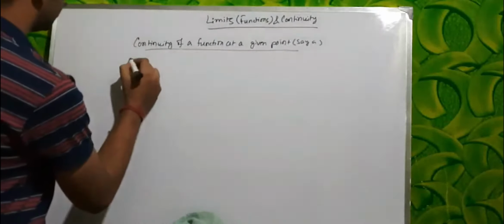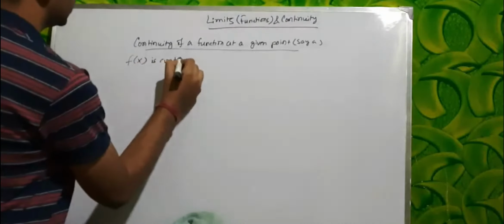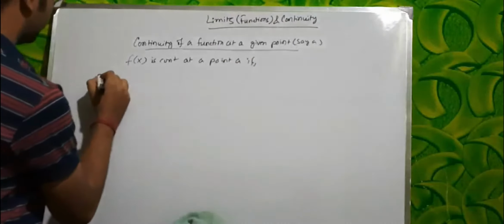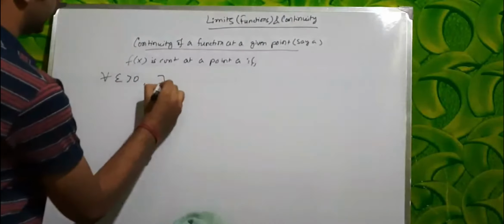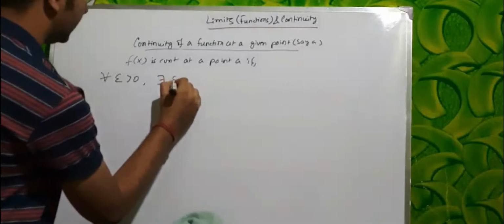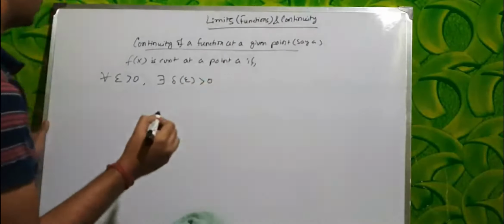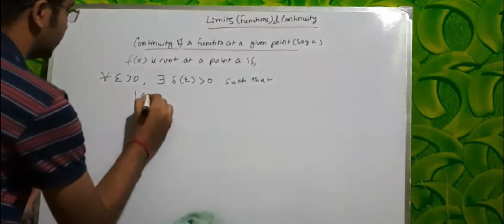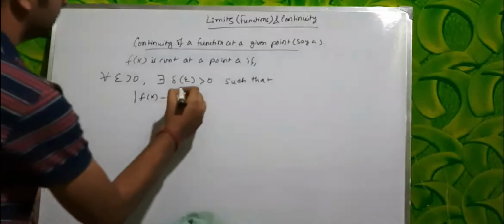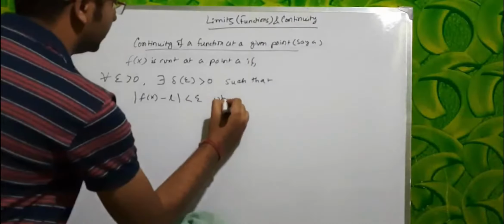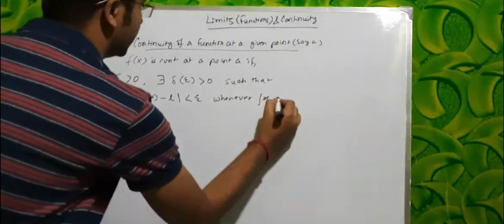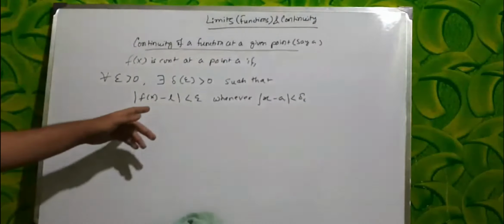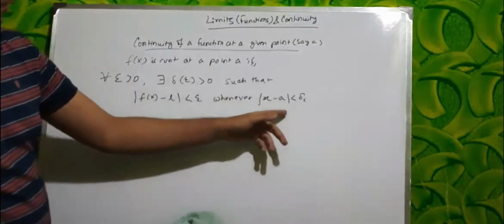Now what do we really mean mathematically, or logically, by f(x) being continuous at a? We say f(x) is continuous at a point a if for all epsilon greater than 0 there exists a delta, which is a function of epsilon and is also positive, such that the modulus of f(x) minus some fixed L is less than epsilon whenever the modulus of x minus a is less than delta.